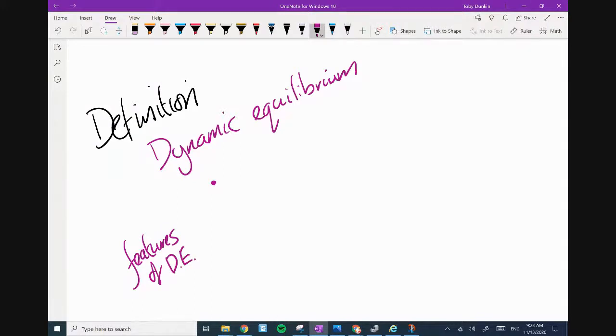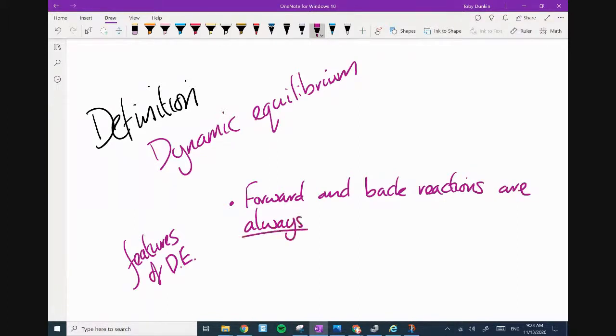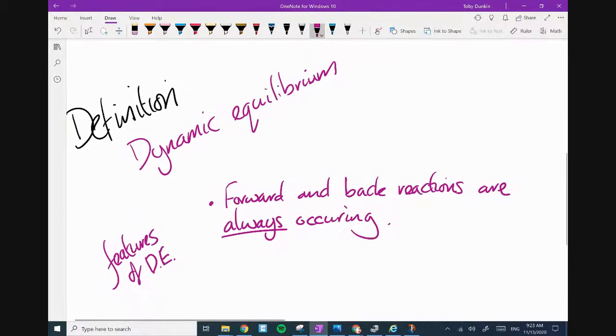Feature number one: the forward and backward reactions are always occurring. They never stop. They are always occurring.